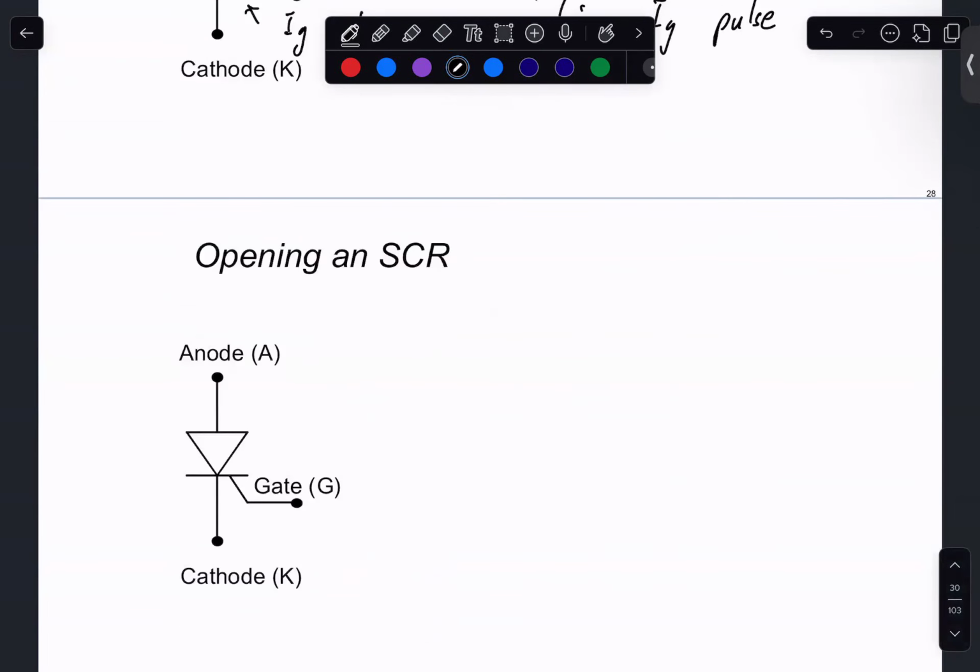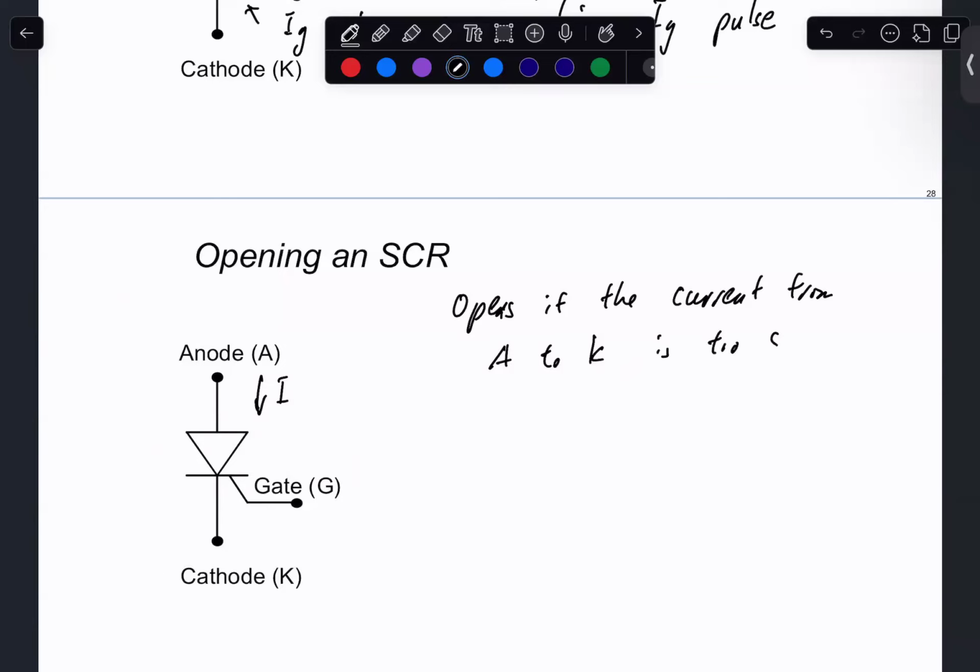To open this, it's not so simple. Unlike an actual transistor where you can open and close the switch, here the switch opens when the current is too small. So the idea is that it opens when the current from A to K is too small.